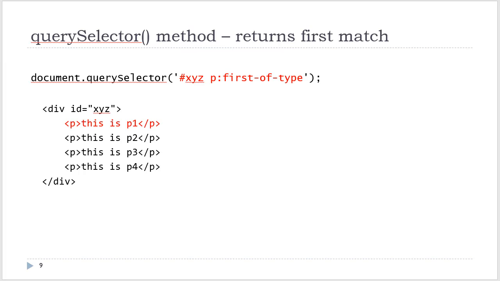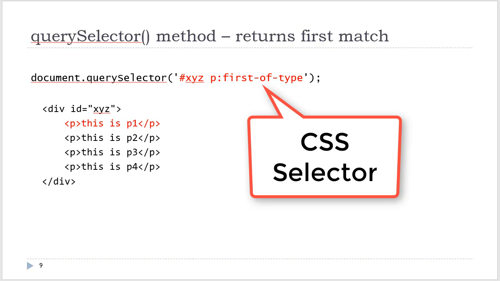I would also like to explain the querySelector method, which also applies to querySelectorAll, to separate it from the other methods we have learned. The querySelector method will return the first match and the first match only. querySelectorAll will return everything that matches. What we pass to this method is a CSS selector.